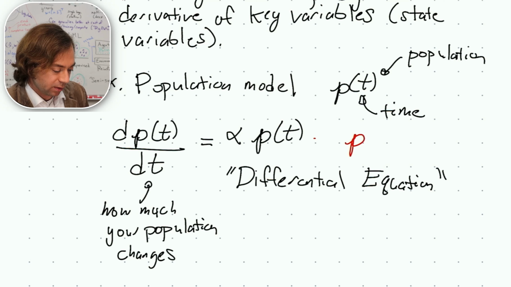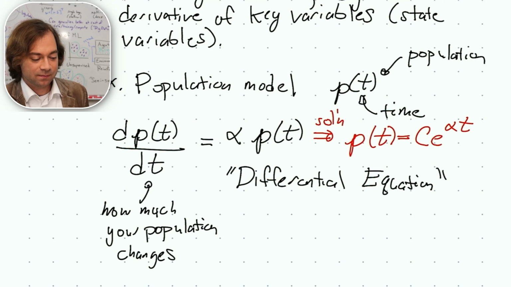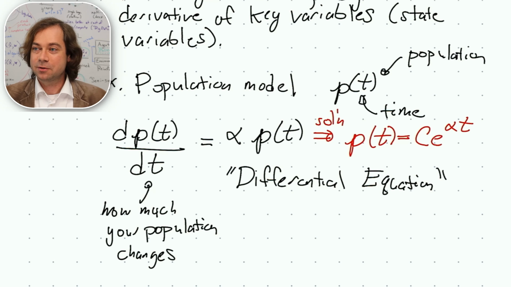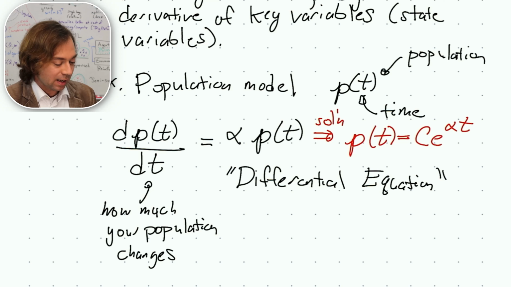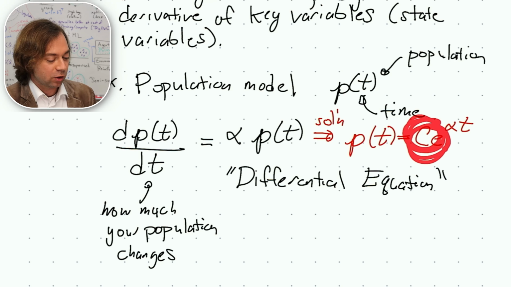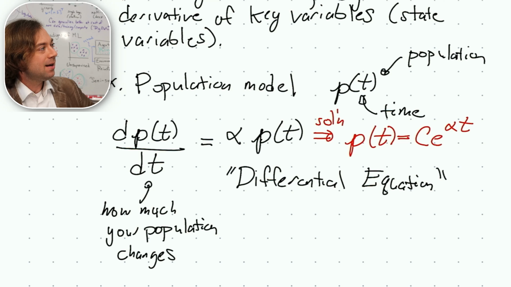The solution would be P(t) equals some constant C times e to the alpha t. So we would know it has this exponential curve, and this constant C defines the initial condition. That's your starting population, for instance.